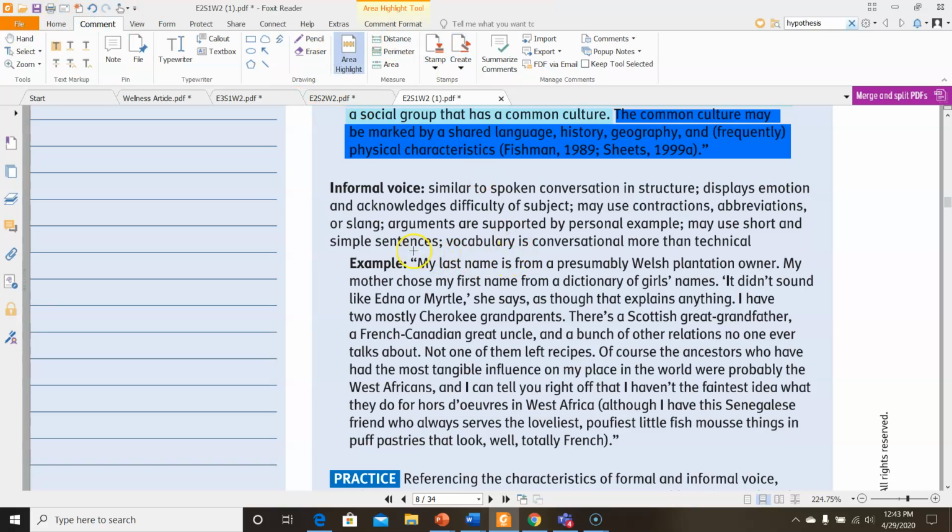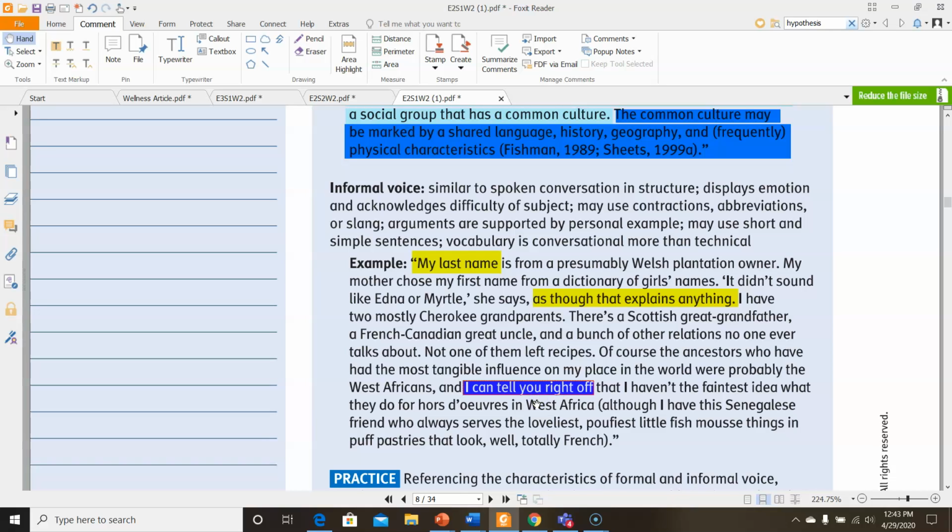So it says my last name, so it's talking about themselves from a first person point of view, meaning they're using my, I, your, etc. So my mother chose my first name from a list of contractions. And then here she uses kind of an informal thing as though that explains anything. It sounds kind of like conversation, like the first part says. And then she also says, I can tell you right off, so that also sounds like conversation.